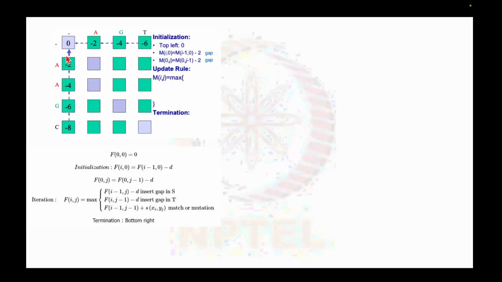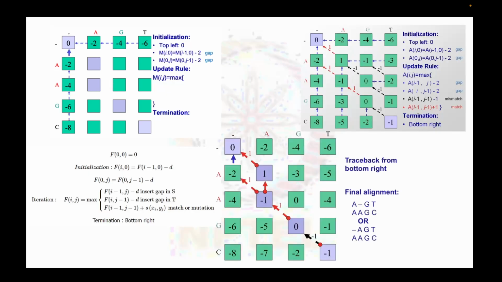For aligning with a gap, we just add the given gap score. So 0 minus 2 is -2, -2 minus 2 is -4, -4 minus 2 is -6. In a similar way, the initialization has been done, followed by matrix filling.